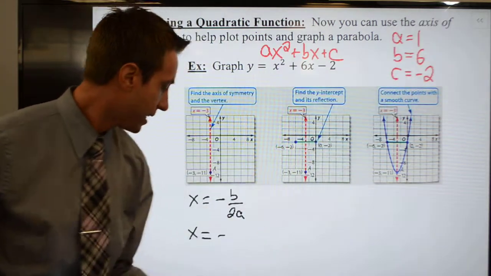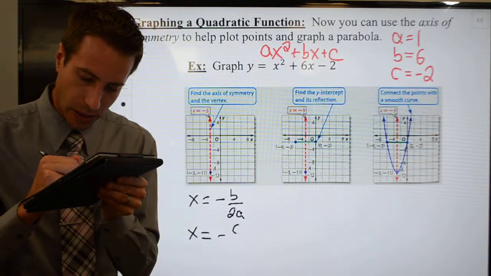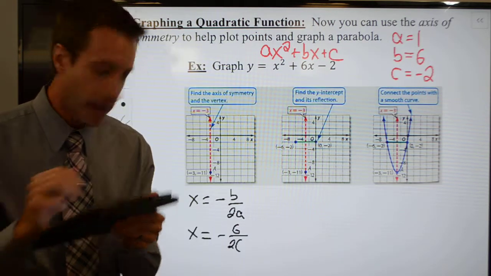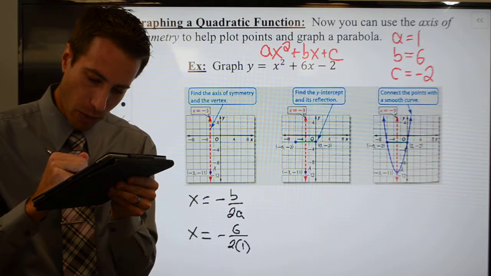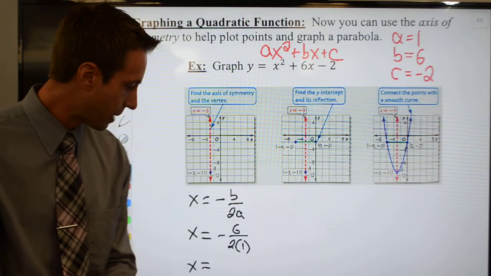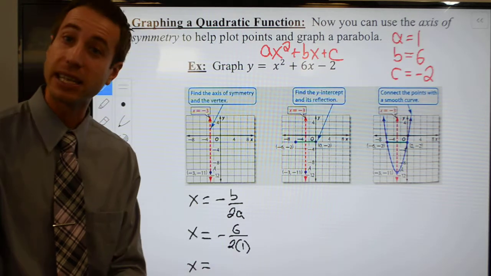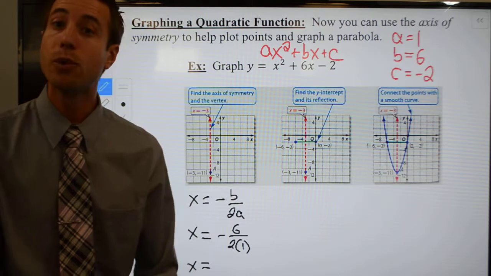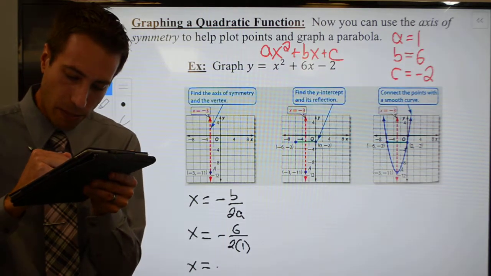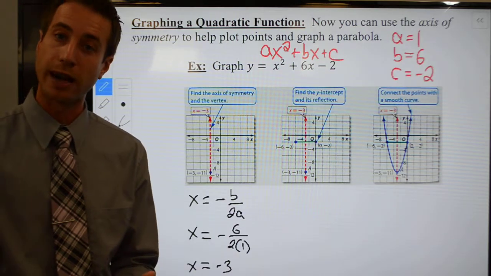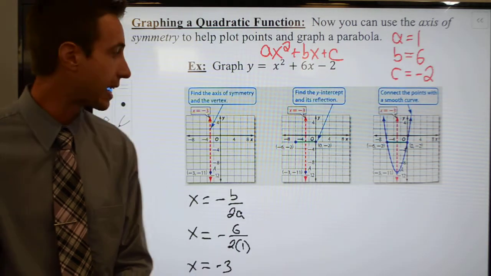My b is a 6, so 6 over 2 times a, and my a is a 1. All right, well, what does that come out to be? Negative times 6 would be a -6, and a -6 divided by 2 would be a -3. So my axis of symmetry is going to be a vertical line at x equals -3.